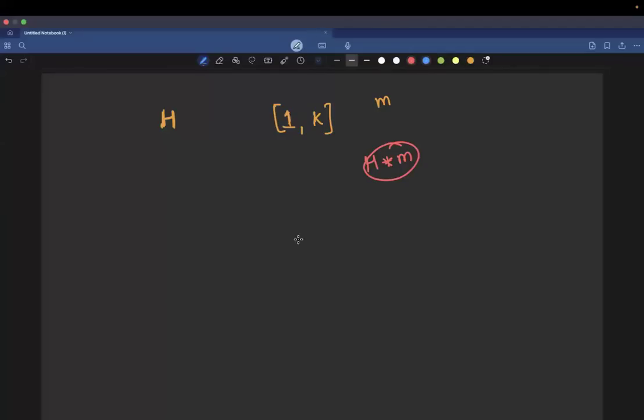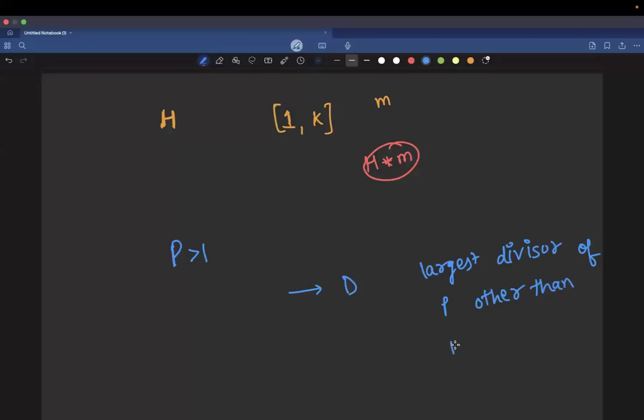So at any point of time, if let's say chef has his health as p and he plays a game against the monster where p is greater than 1, then his health will drop down to d, where d is the largest divisor of p other than p itself.